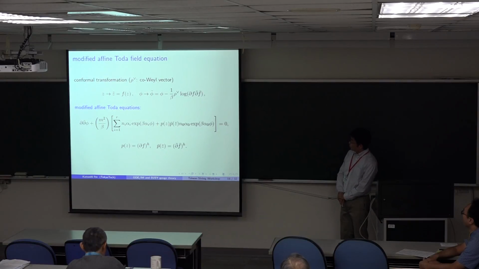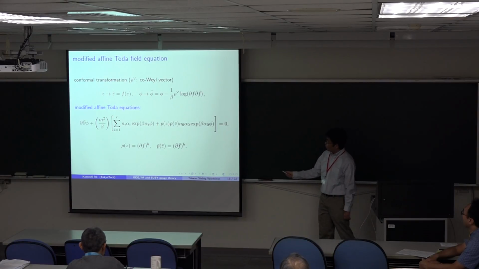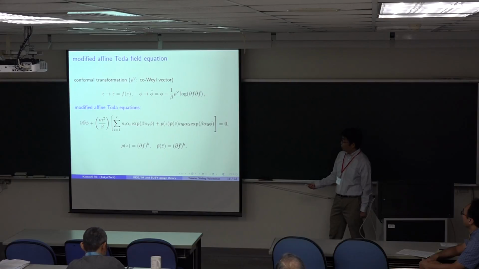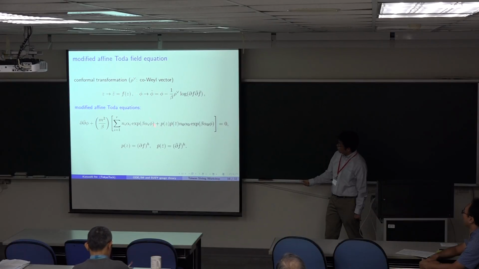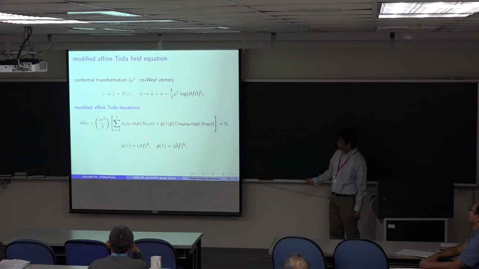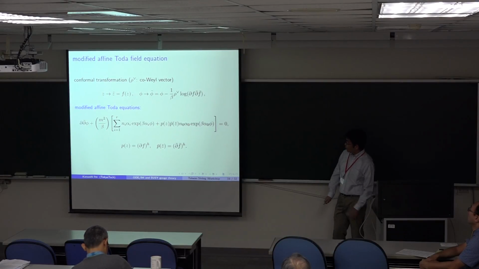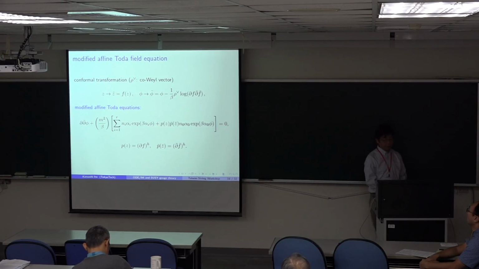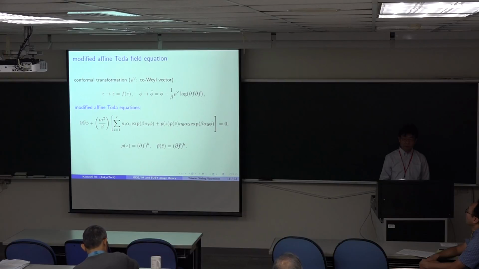So we have a modified affine Toda equation. P is defined by this Jacobian of the conformal transformation with this power of the Coxeter number. The modified affine Toda equations are still integrable.